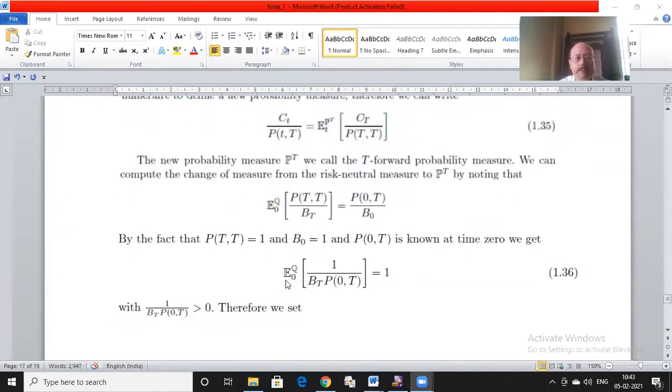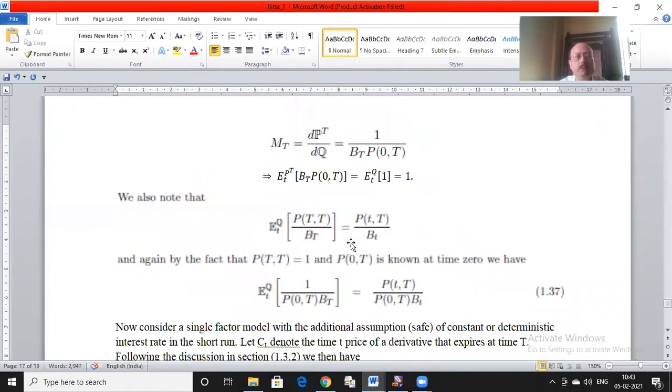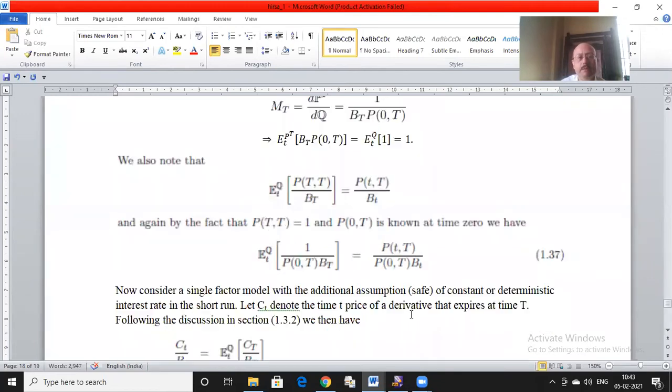So this result that I wrote here for time 0, this equation that I wrote for time 0, must also be true for any other intermediate time point small t. So the expectation under the Q measure at small t of this ratio must be equal to this. And again, I use the fact that PTT is 1 and P0T is known. So we can write this as 1 by P0TBT.